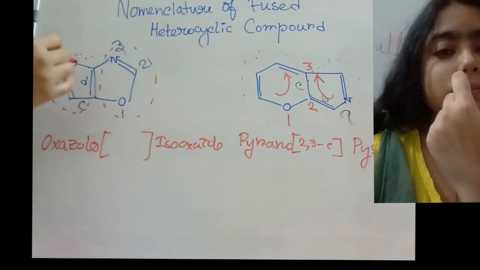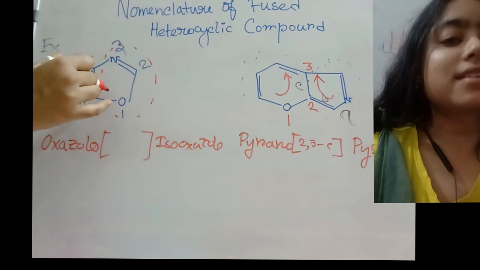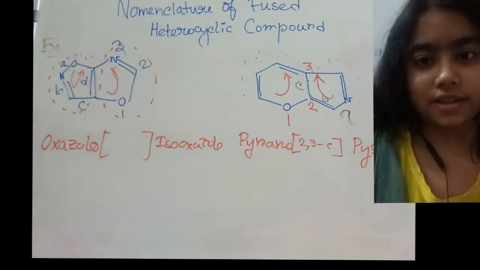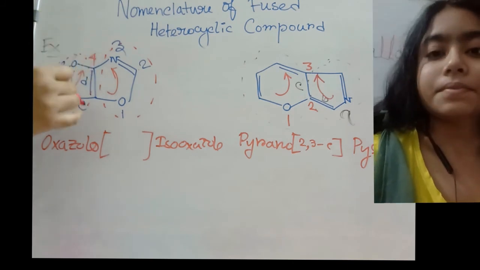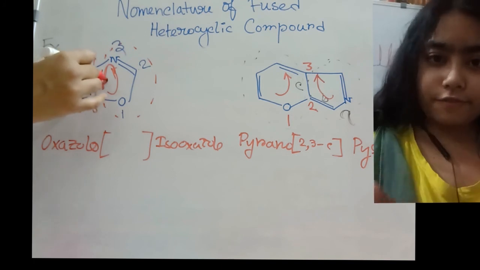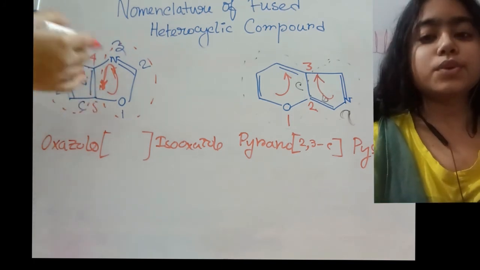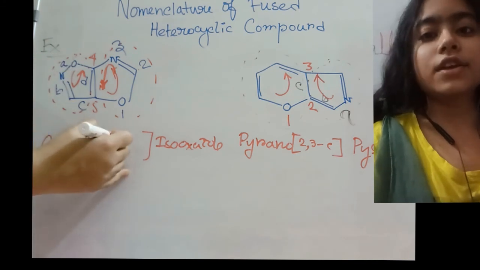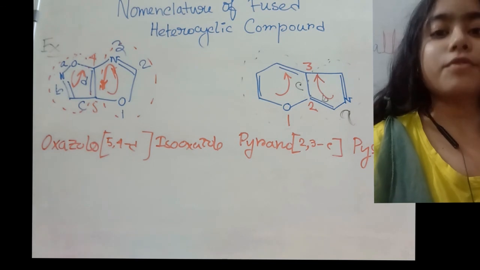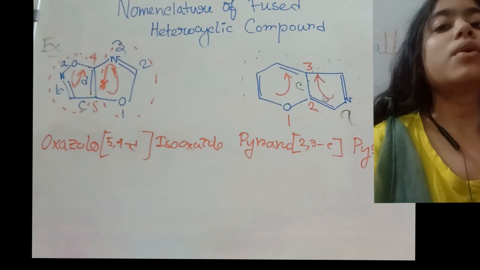Then we have to see that A, B, C, D goes this side, and 1, 2, 3 goes this side, then 4 and 5. 4, 5 are towards down, C, D towards up, so they are opposite. So we have to write 5,4-d. So the name will be oxazolo[5,4-d]isoxazole.